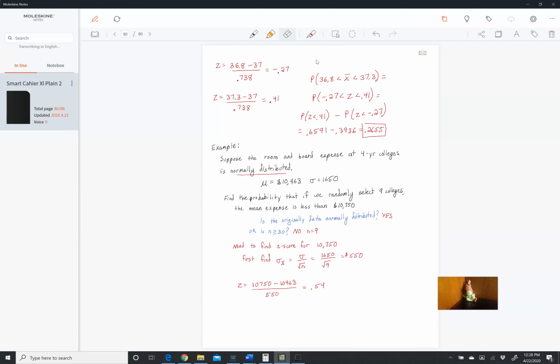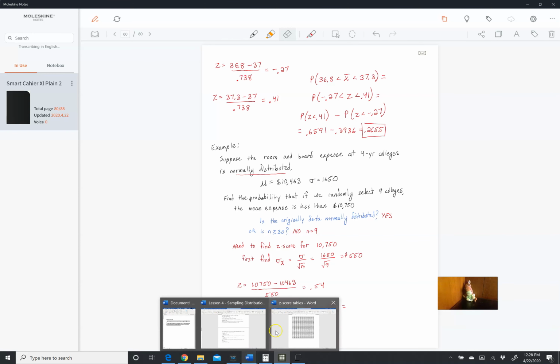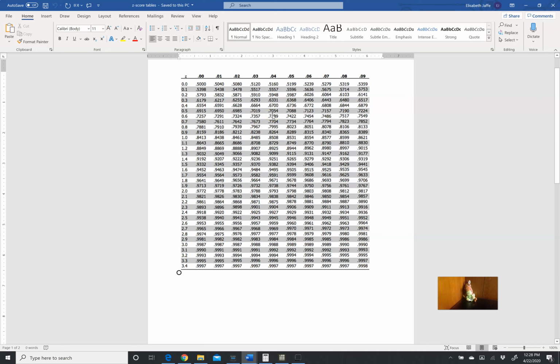So here's what we're saying. The probability that X bar is less than 10,750 is equal to the probability that Z is less than 0.54. And this we could just get directly from the Z-score chart. We don't have to do any additional calculations because it's already a less than. So if we go to 0.54, we see that it's 0.7054. And what is this saying?